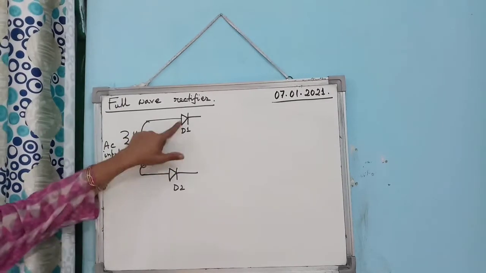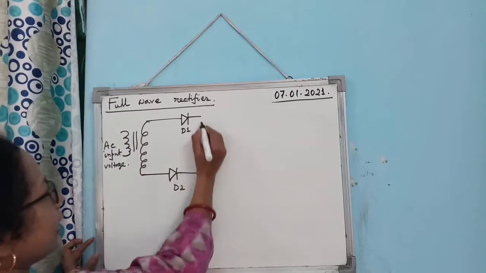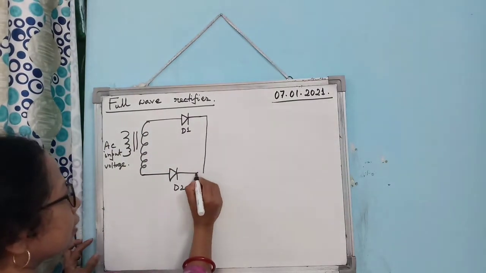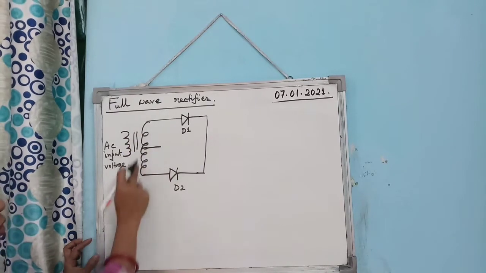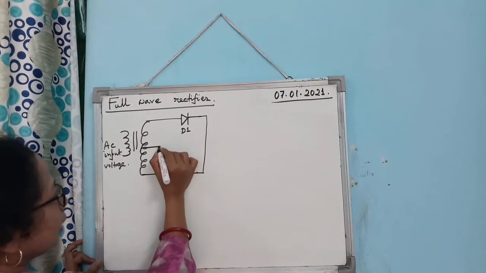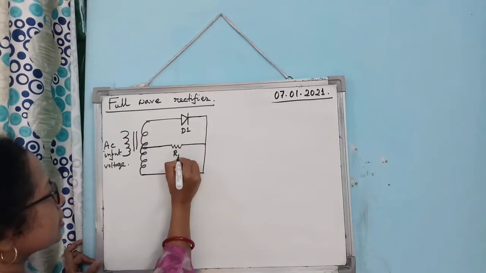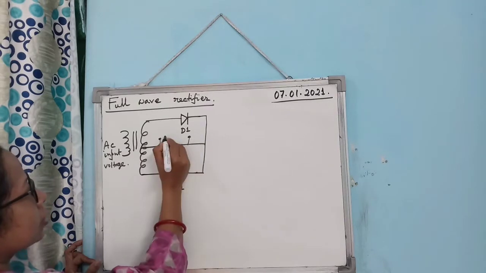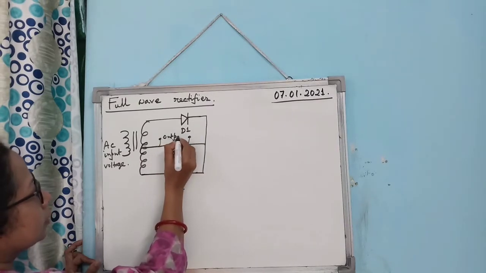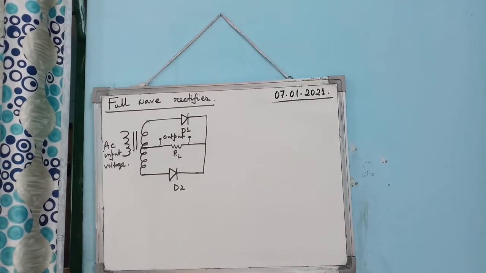The P of both the diodes are connected to the two ends. Then the N regions are connected together. Then from the middle of the secondary coil and between this point, the load resistance is connected and output is taken across these two points. So this is the way you have to draw the circuit diagram.